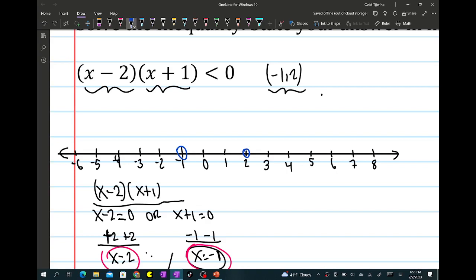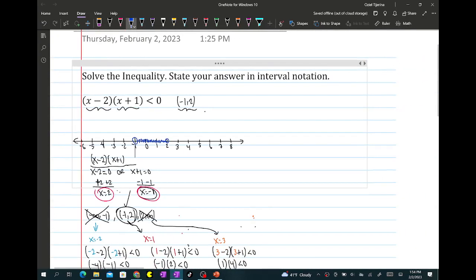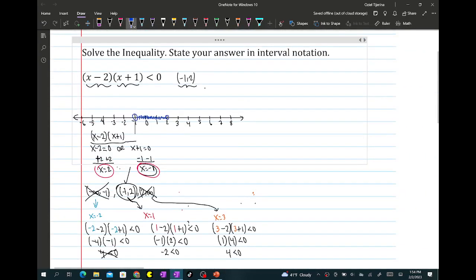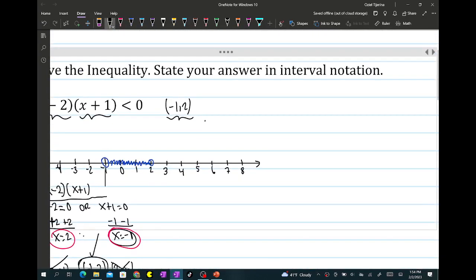So the way that you would graph it is just shade in between those two endpoints. And so that is the solution to the inequality, from -1 to 2, right?